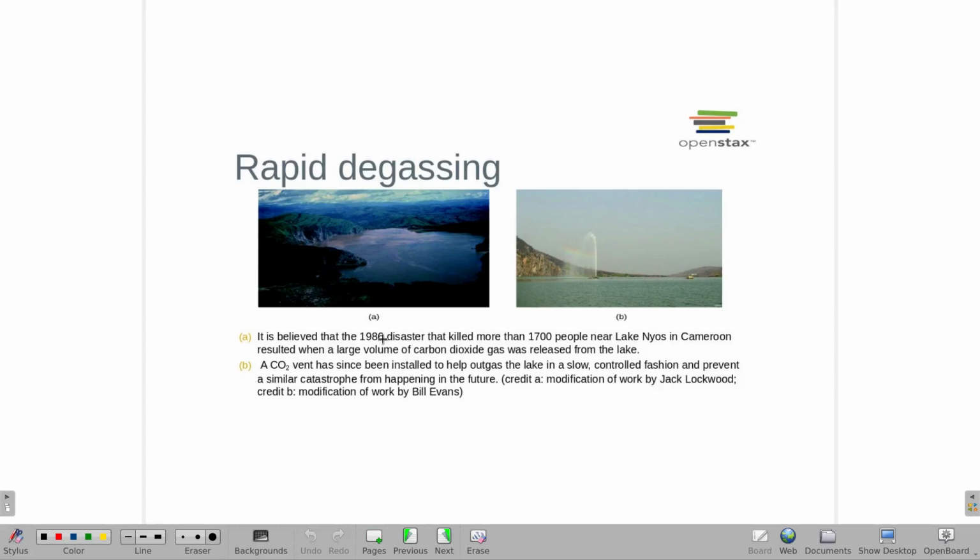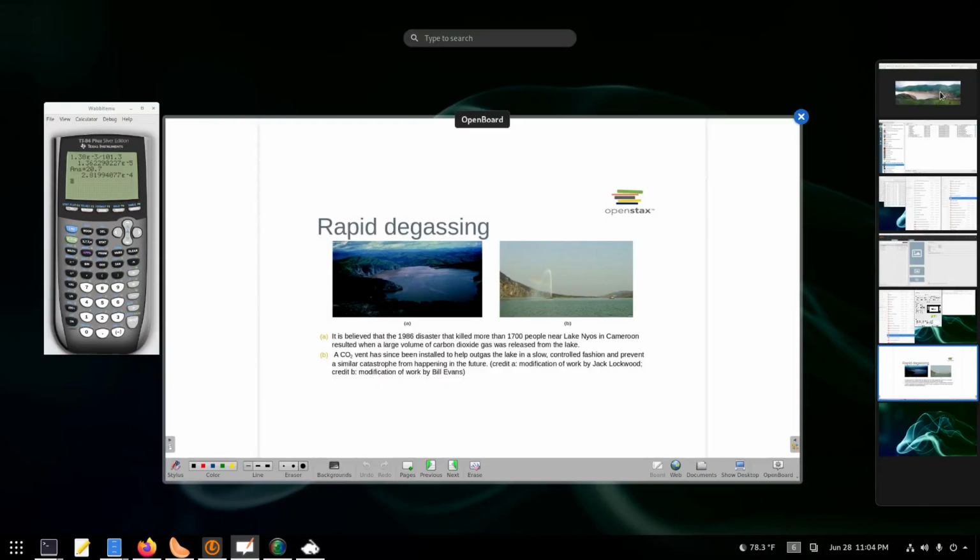Maybe an underground landslide, maybe just an excess amount of rain on one side. But something caused some of that cold water from the bottom to come up towards the upper part of the lake a little bit too fast. Suddenly that CO2 is less soluble, and it came out very rapidly. I got a slightly better picture here.